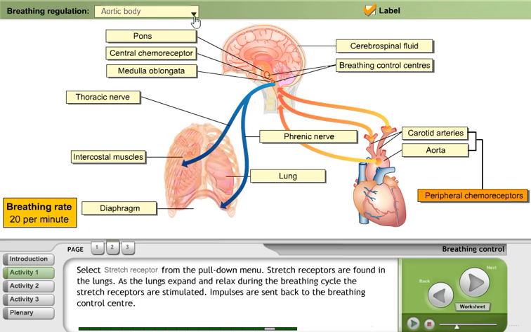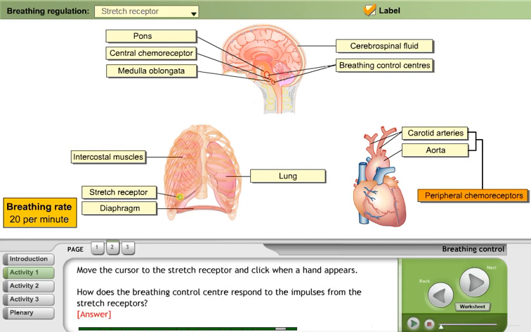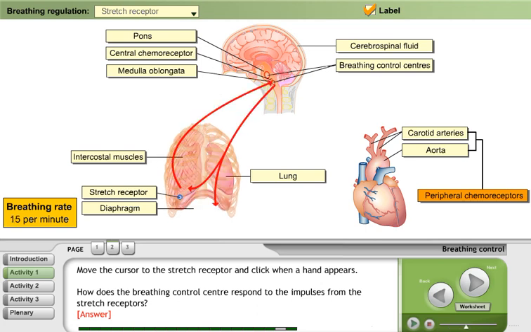Stretch receptors are found in the lungs. As the lungs expand and relax during the breathing cycle, the stretch receptors are stimulated. Impulses are sent back to the breathing control center. Move the cursor to the stretch receptor and click when a hand appears.